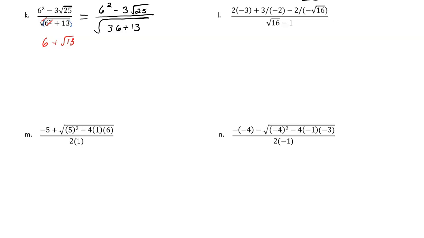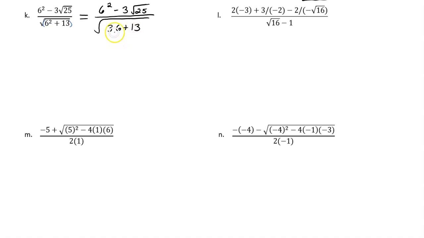When I take the square root of something, and I have an addition or a subtraction, that square root does not pass through those operations. These are not the same. They are not equal to each other. So that's why we want to get the single value inside, and then we can take a square root. Okay, so tempting, but don't fall into that trap.